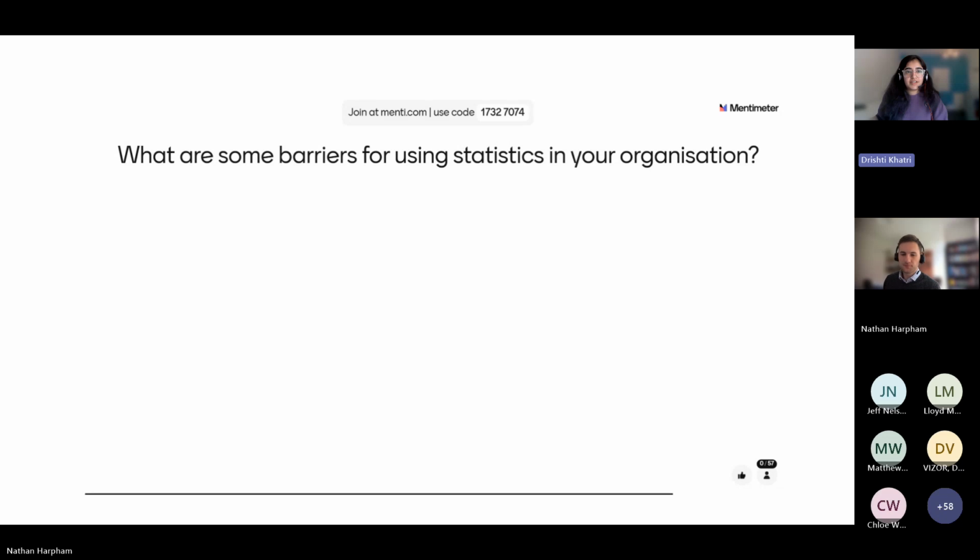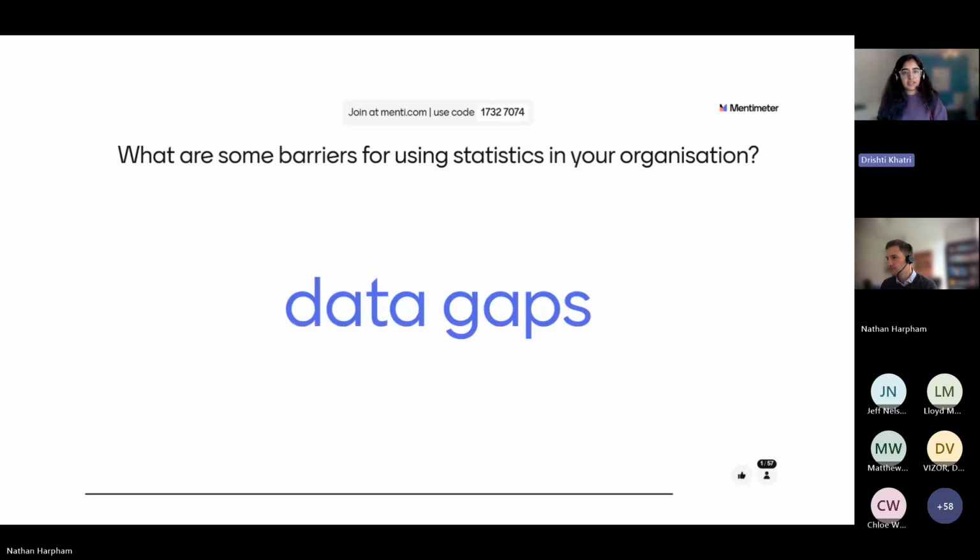Yep. So we would like to understand as a road safety community what are some barriers that we face for using statistics in our organizations. It'd be great if we can data gaps. Yeah, that's a pretty big one. Agree with that.